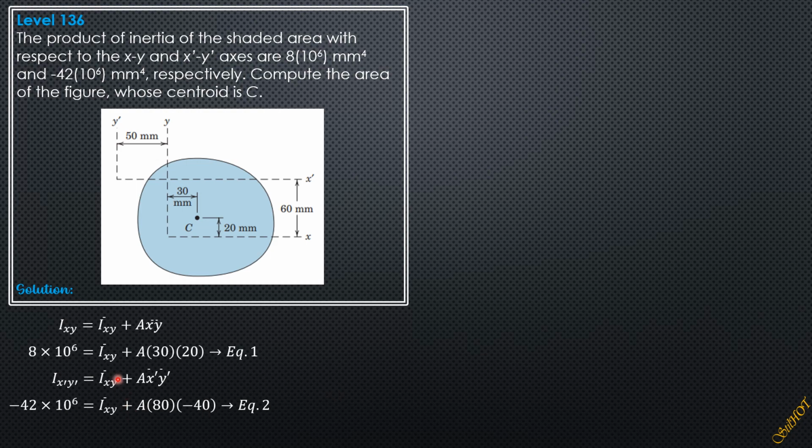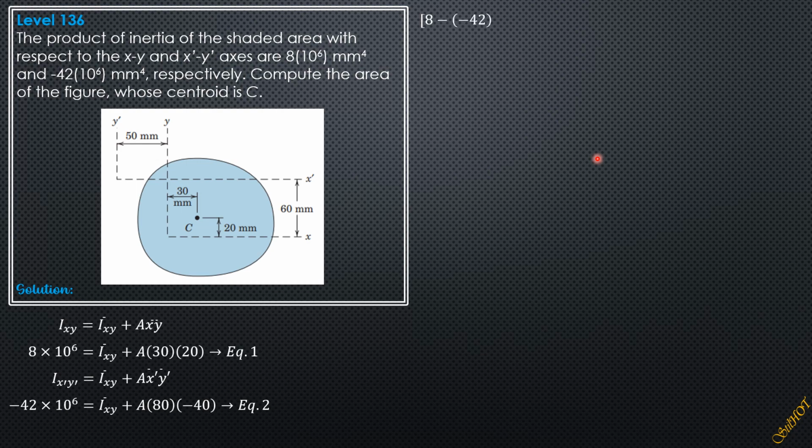To eliminate I bar xy, we have to subtract equation 2 from equation 1. That is 8 times 10 to the 6 minus negative 42 times 10 to the 6. I bar xy will be eliminated. Then it equals area times the quantity 30 times 20 minus 80 times negative 40, or plus 80 times 40.